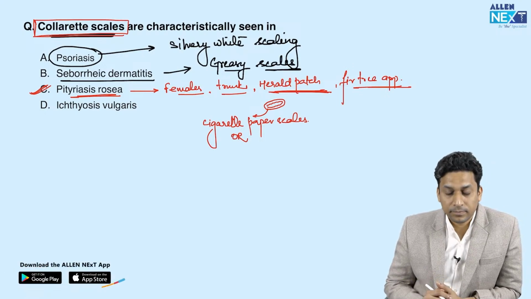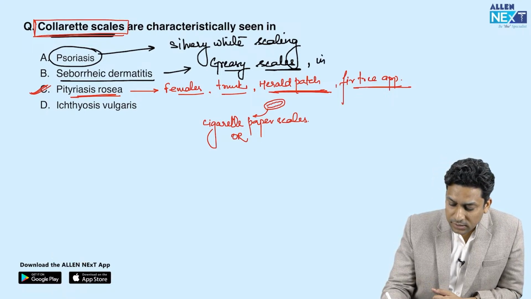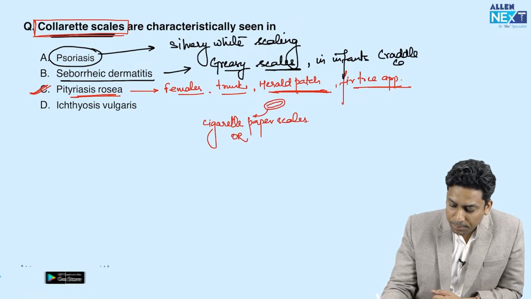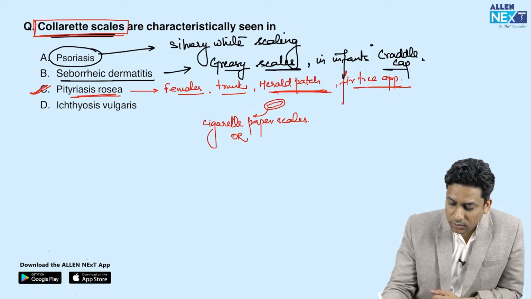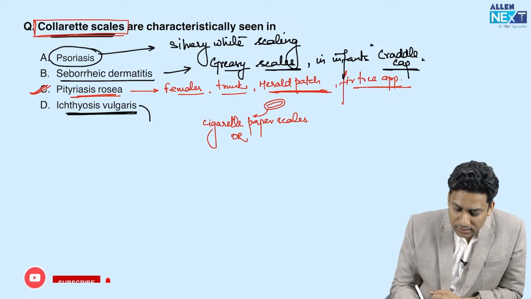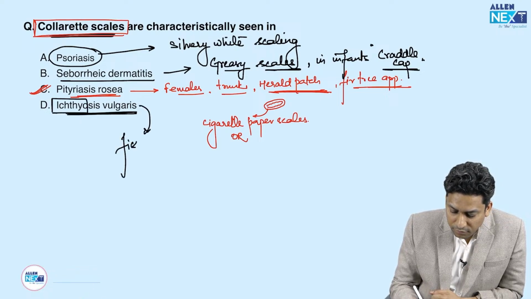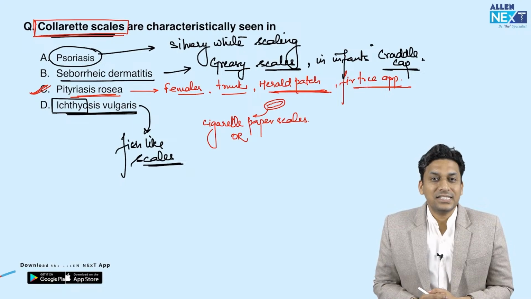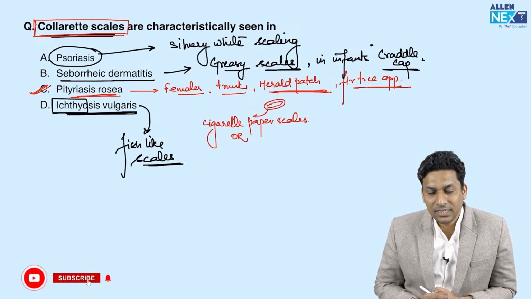When seborrheic dermatitis occurs in infants, it is known as cradle cap. So this condition is known as cradle cap. Ichthyosis vulgaris, all of you know this word ichthyo means fish. So here fish like scales are seen. So these are a few important conditions where such scales are seen, and sometimes they are asked in exam.